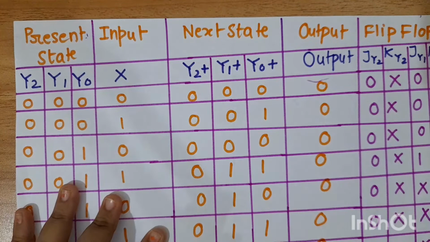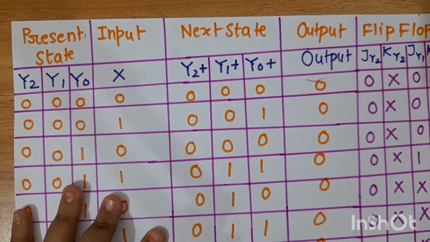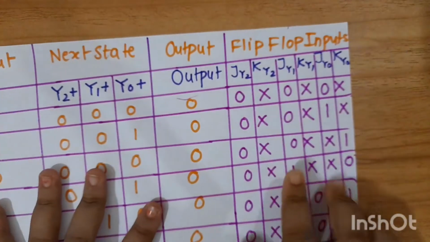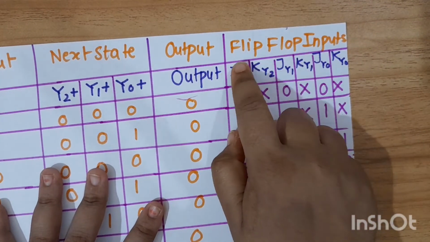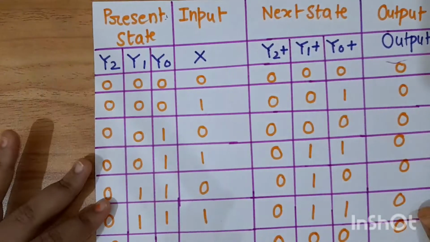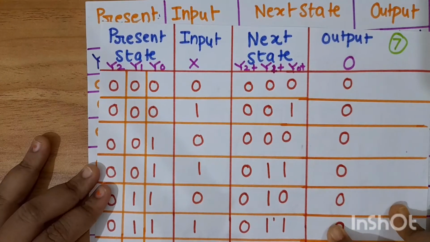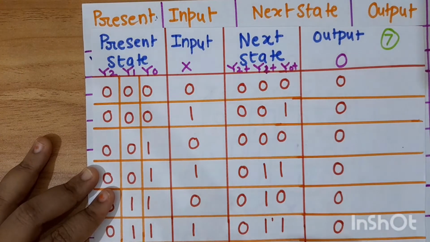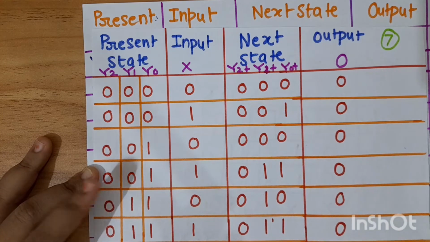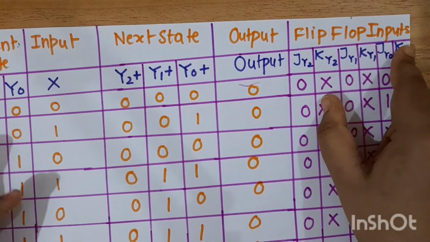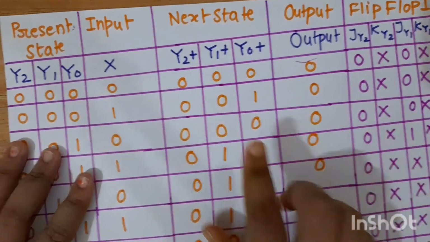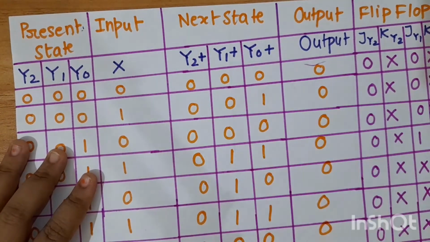Now, from the state table which I have designed, I have added separate columns for the flip-flop inputs. So this particular state table I have improvised and added a column for the flip-flop inputs also. Here we got the next state and output.